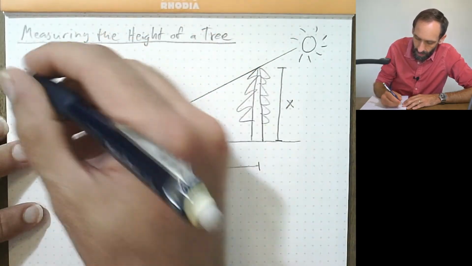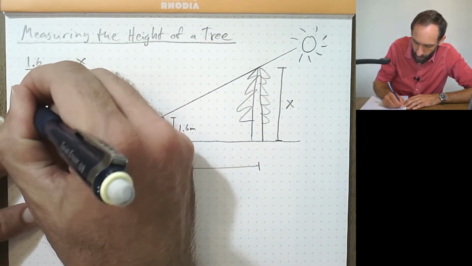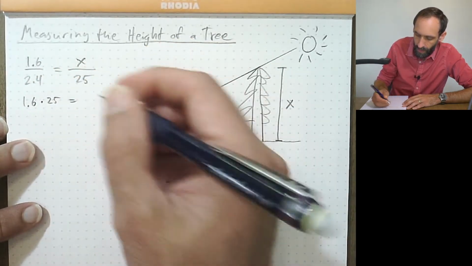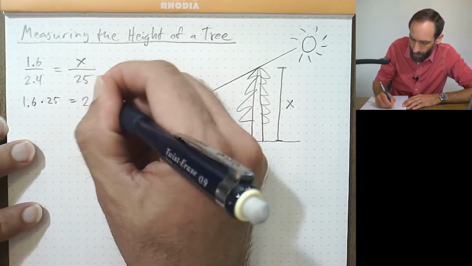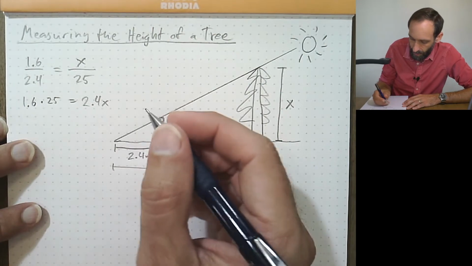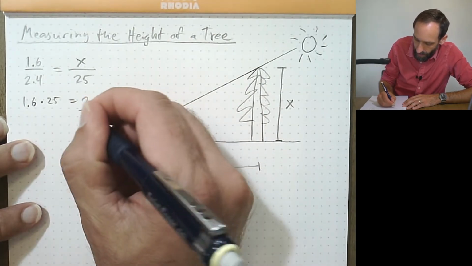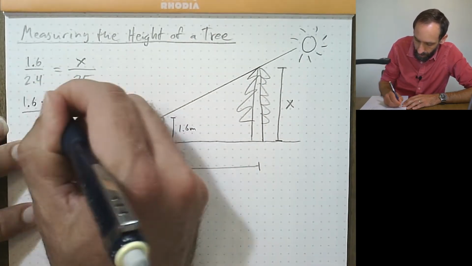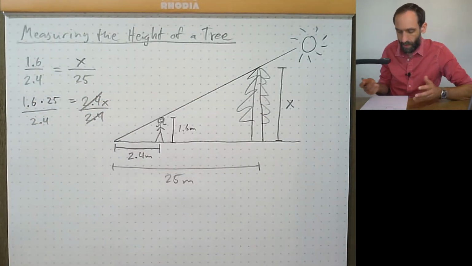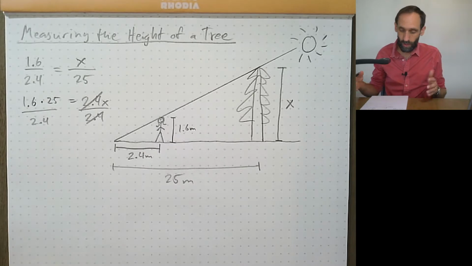We'll cross multiply first, and so we have 1.6 times 25 is equal to 2.4x. All right, now we want to get x all by itself. So we'll divide both sides by 2.4. So these will cancel out. 2.4 divided by 2.4 is 1.